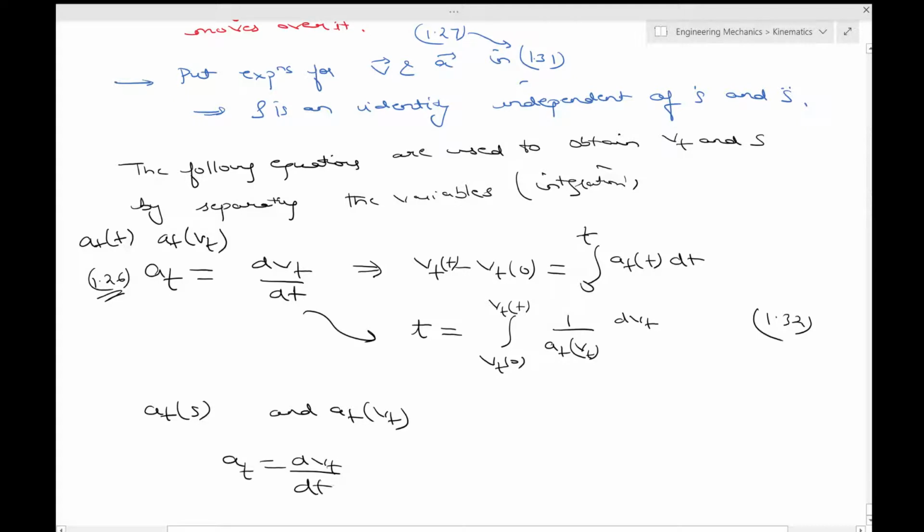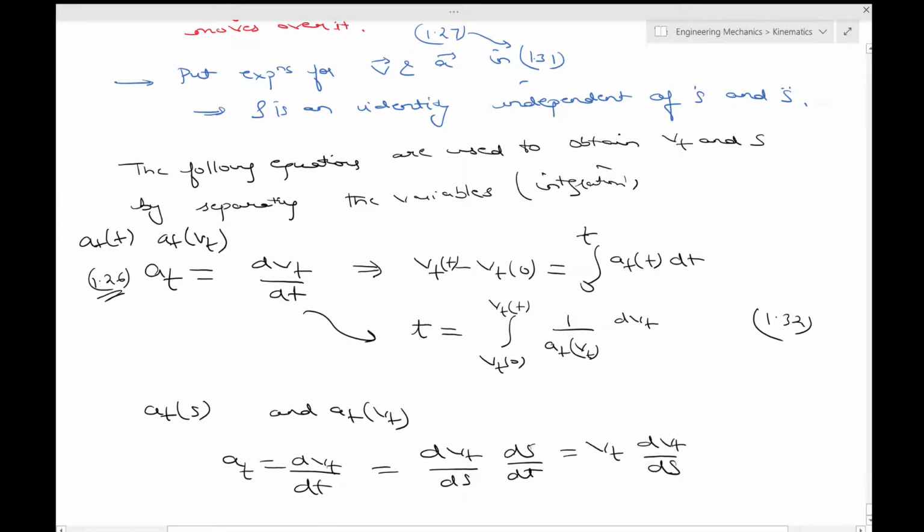This is again coming from equation 1.26. This means you have dVt by ds, ds by dt, and ds by dt is actually equal to Vt, and this will be Vt dVt by ds.